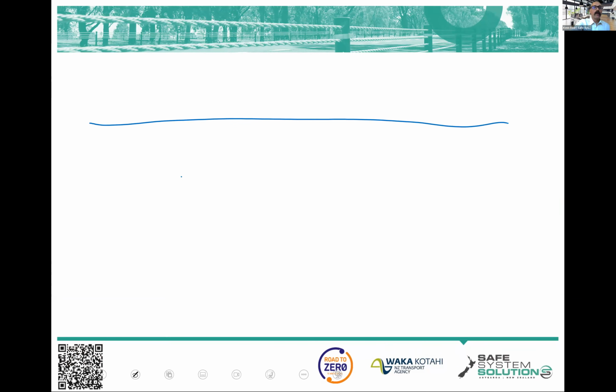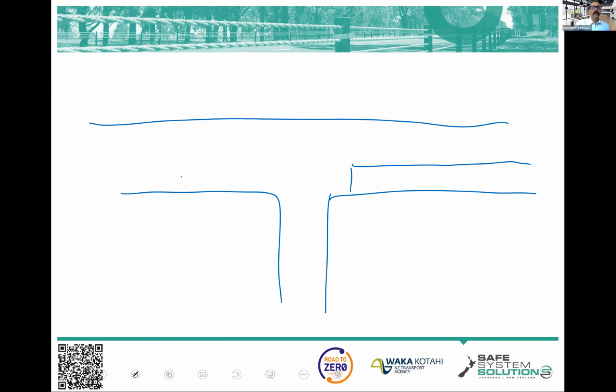Just this final one, I'll do it with a nice little road here, and they're proposing some parking, and we are worried about sight distance for a vehicle waiting, that this parking is going to block sight distance. So we've identified it, we write it up.